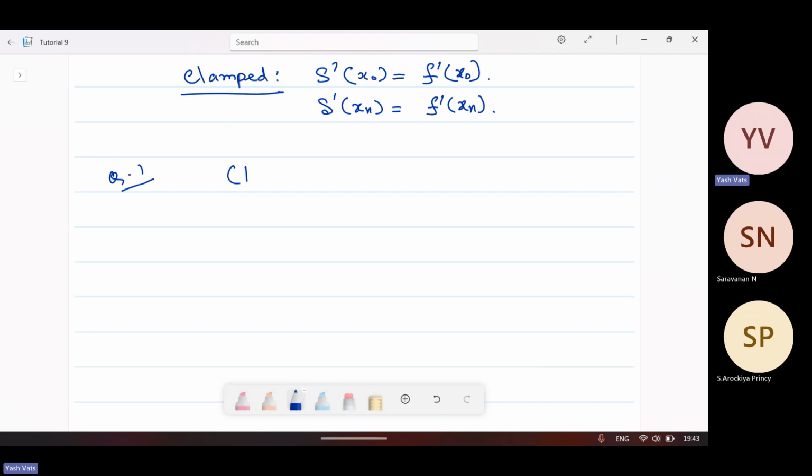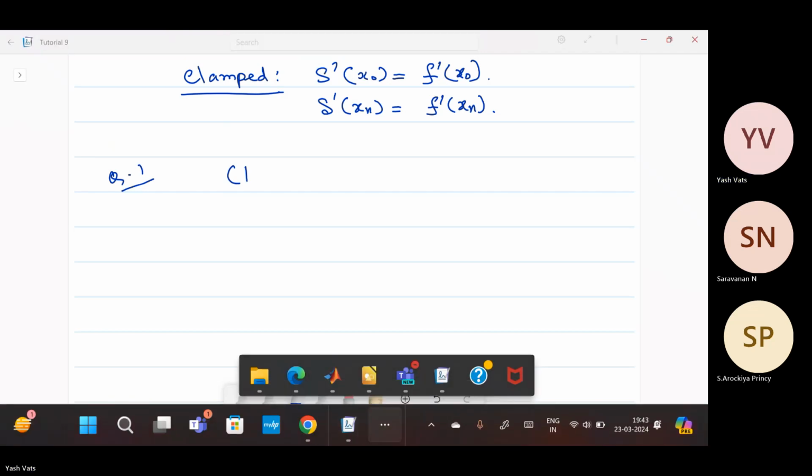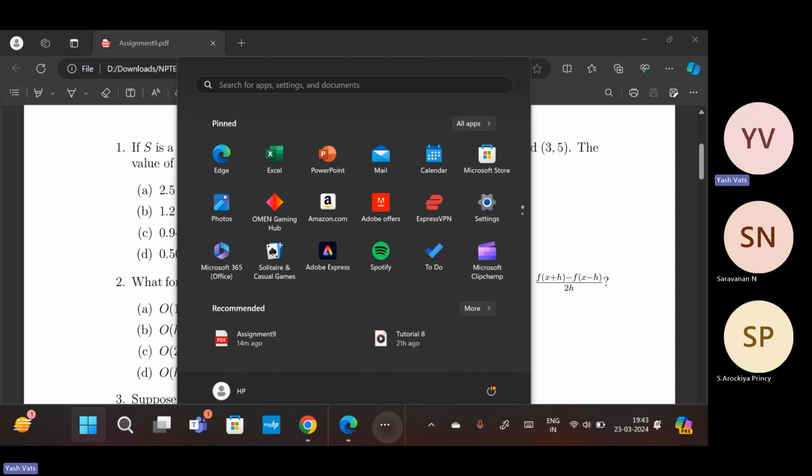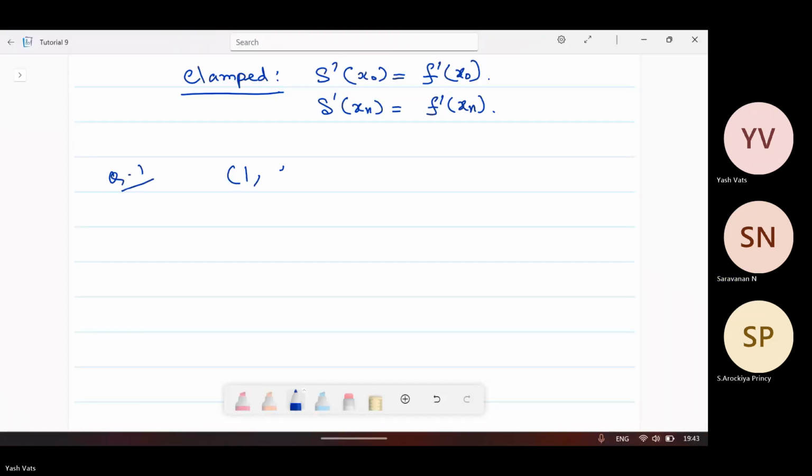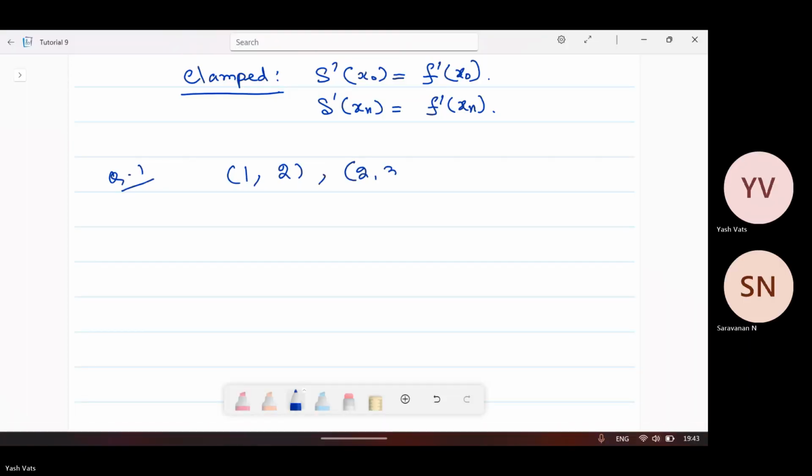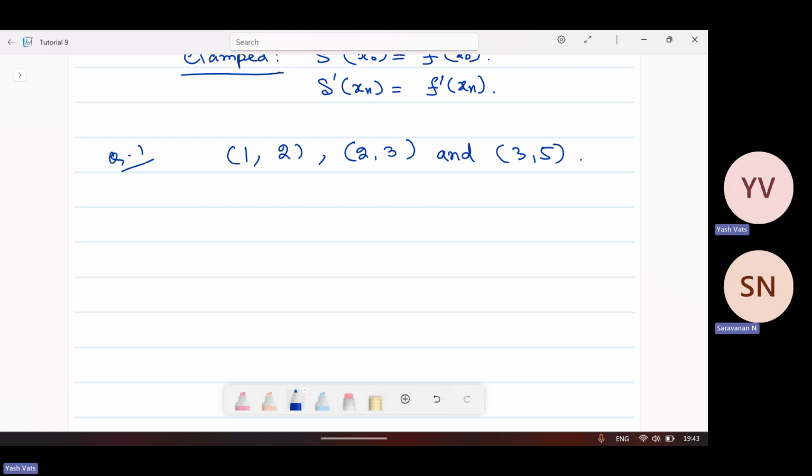So what are the points we have? 1, 2; 2, 3; and 3, 5. And 2 and 3 are the common spline nodes.